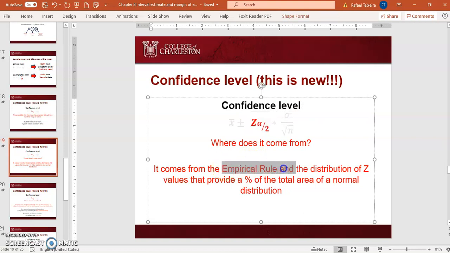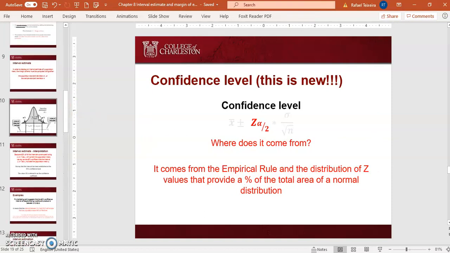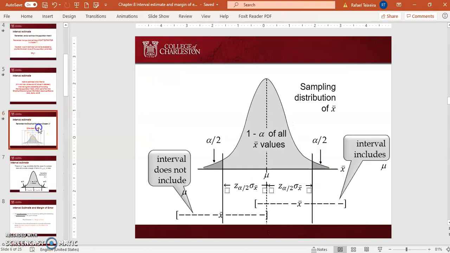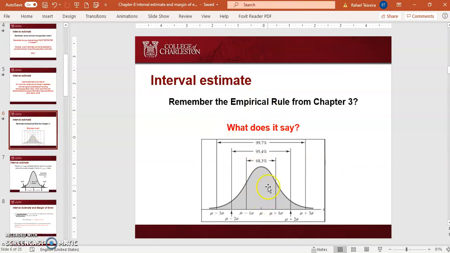It comes from the empirical rule and the distribution of Z scores that provide a percentage of the total area of a normal distribution. Remember, I showed you this one. This is the empirical rule. This is the distribution of all values. Here on the axis, we can have different values for different variables, and at the center we have the mean.